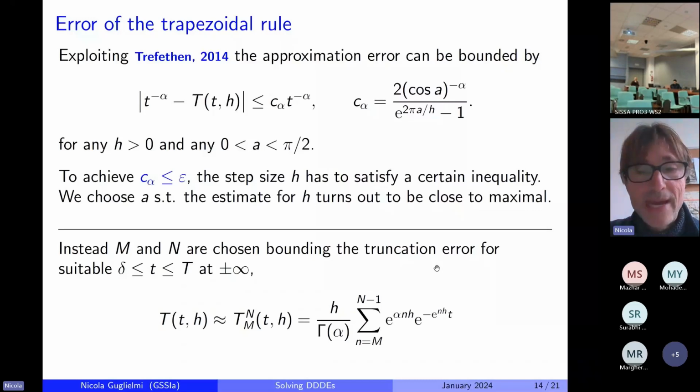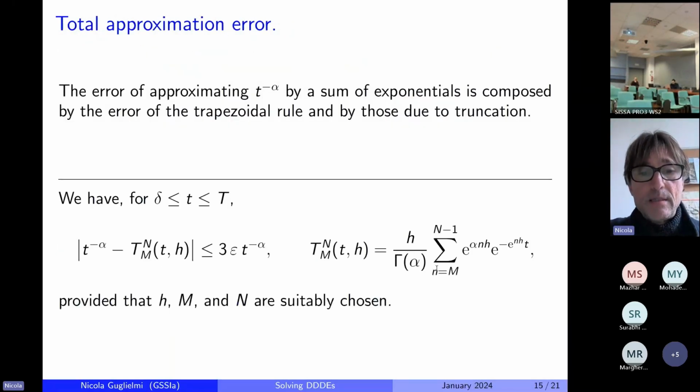Epsilon could be 10 to the minus 8 or a given tolerance. So when you have this, in the end, the relative error that you have replacing t to the minus alpha by this finite summation is bounded by 3 epsilon, where epsilon is chosen by the user. We have developed code which is available on our websites, and epsilon is a constant which can be decided by the user.